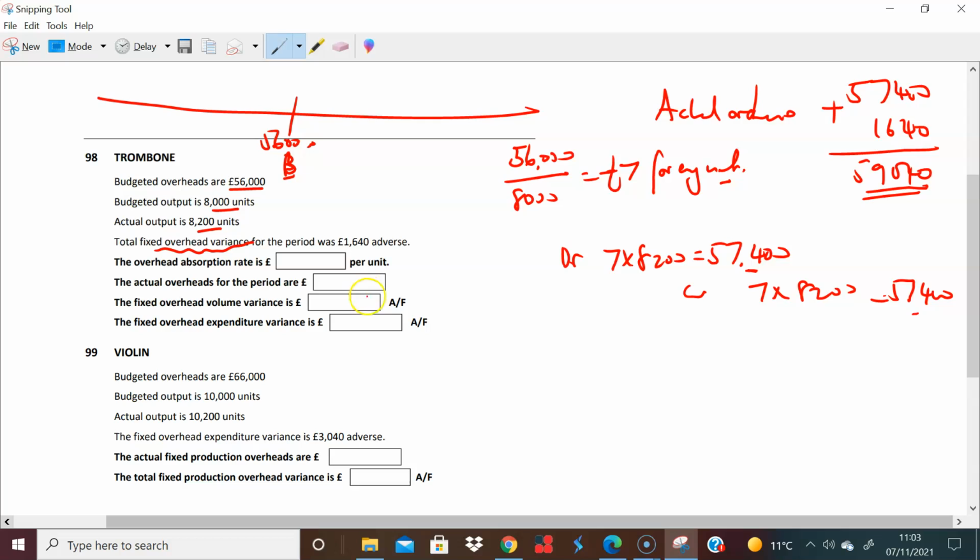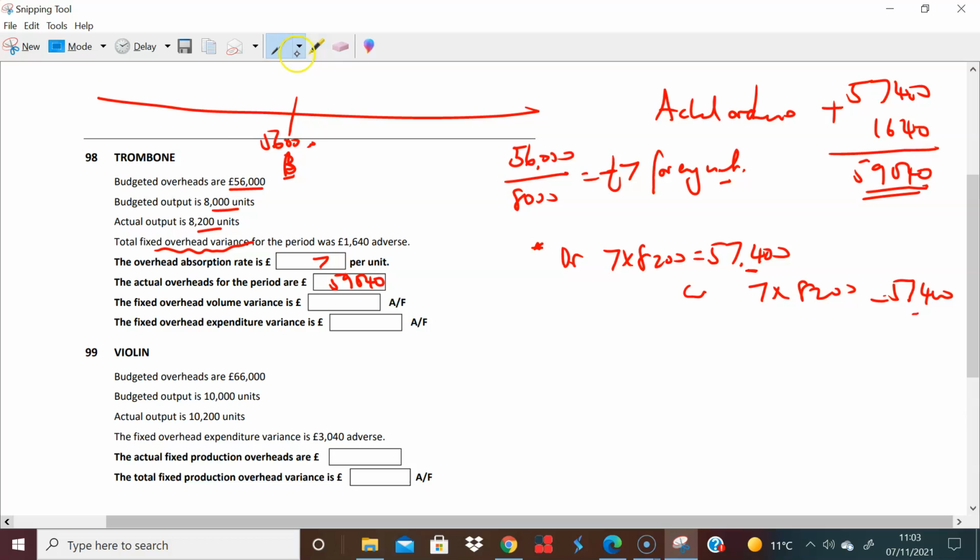Okay, so I found this here. The overhead absorption rate is £7 per unit. The actual overheads for the period are 59,040. So what did I say? The first step here is sorting this out and coming back to a marginal costing type of approach where we say, well, really and truly, we should never have touched this.